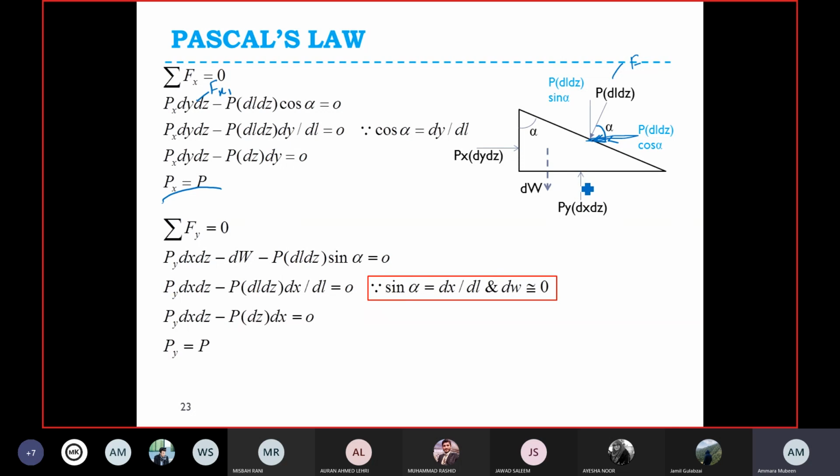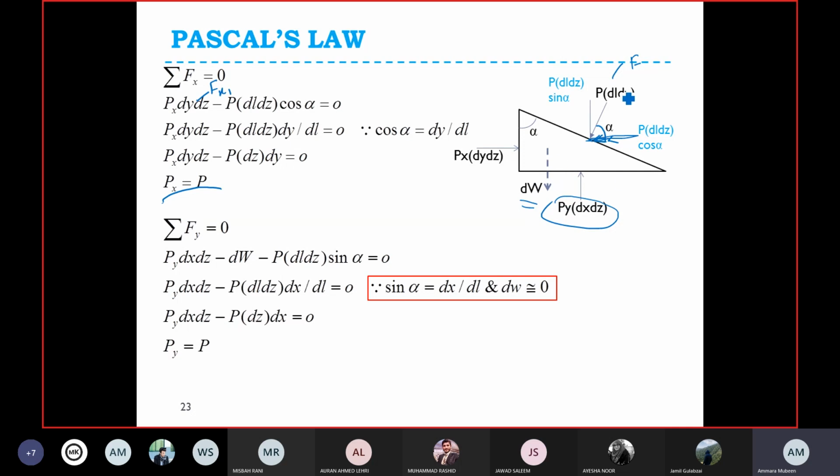One is the force due to the pressure of the fluid below this wedge element, which would be normal to the surface of that wedge element. The other force would be the weight of this wedge element, which acts at the centroid and vertically downward, called dW.